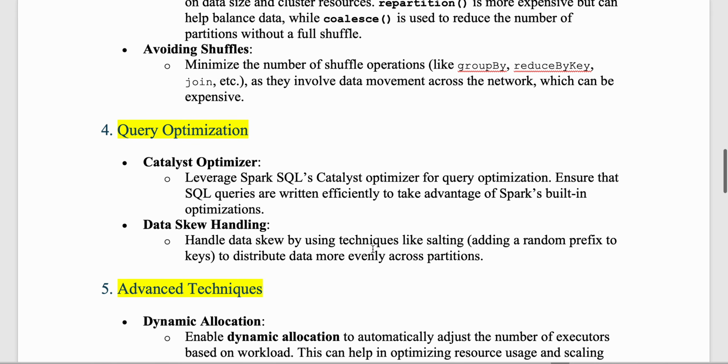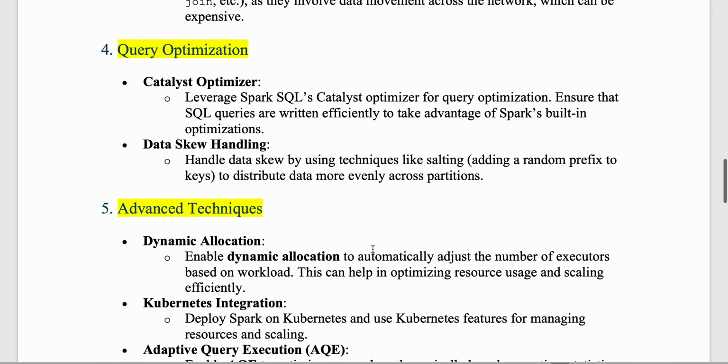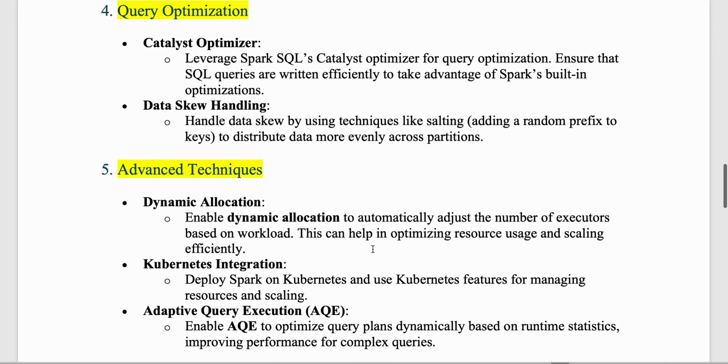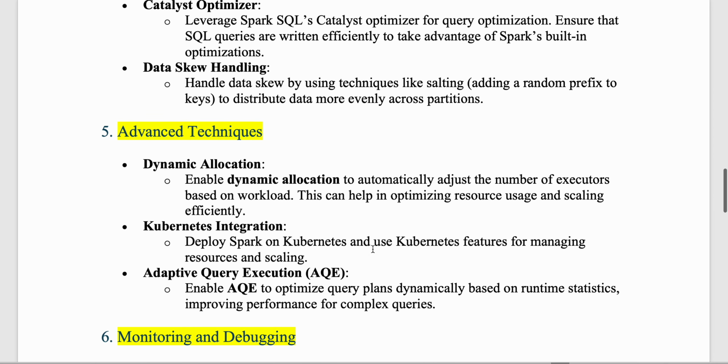Then there are some advanced topics based on which you can optimize your job, like dynamic allocation. Enable dynamic allocation, which automatically adjusts the number of executors based on your workload.